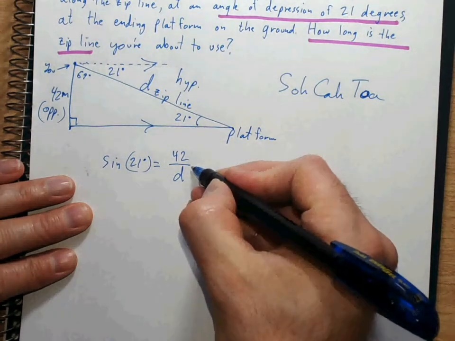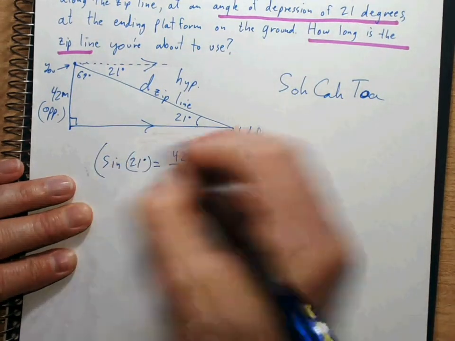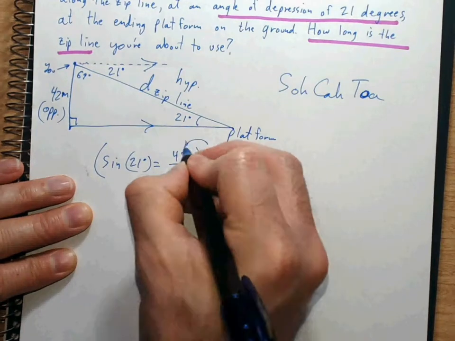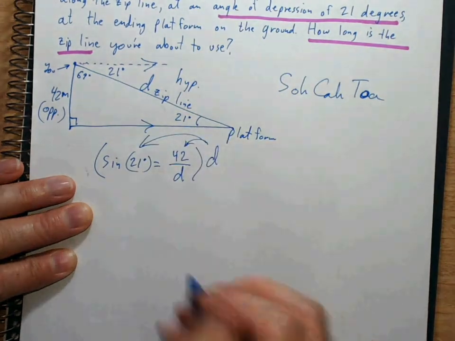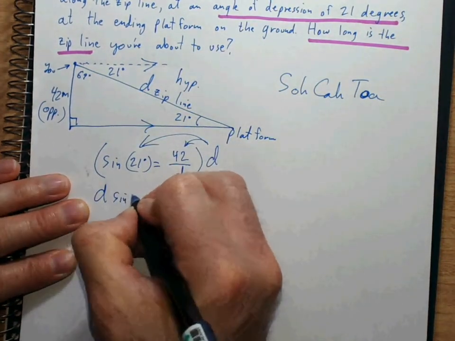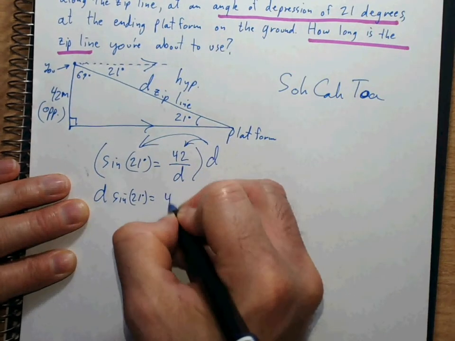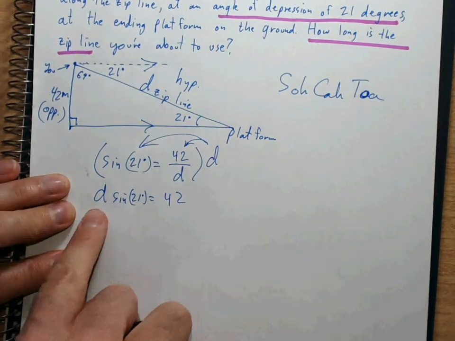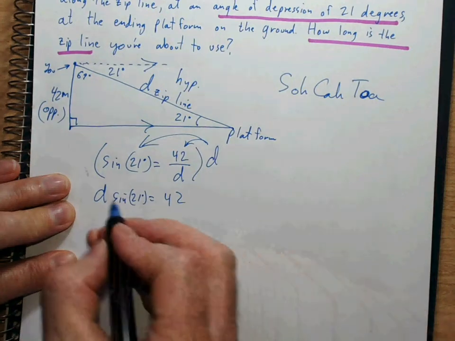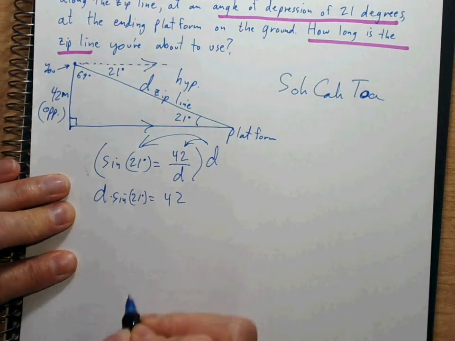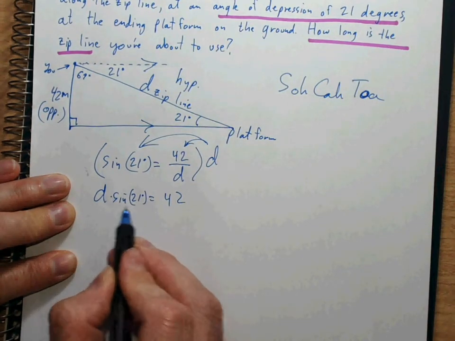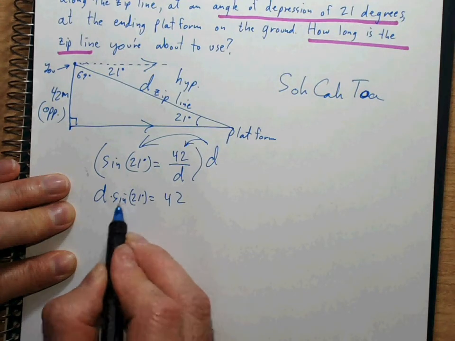The way I do it, I get rid of divide by d by multiplying by d. Okay, do that to both sides, and I have d times sine of 21 degrees equals 42. And then I want to get d by itself, so I want to get rid of times sine of 21 degrees. Sine of 21 degrees is a number. It's an ugly number, but it's a number nonetheless.